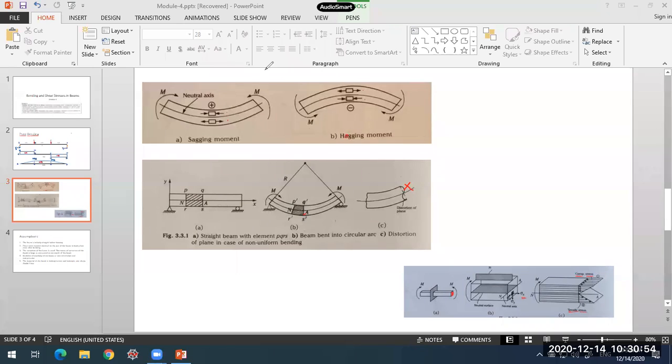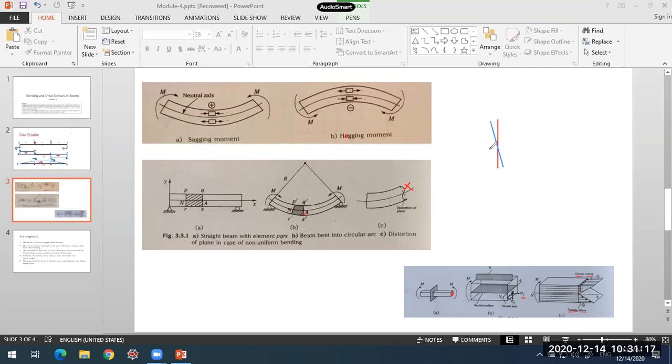So this is the plane before the application of the load. Once you apply the load, when the beam is bent, it may become like this. It may get rotated, but it will remain straight. It will not be distorted, or it will not be in the curved form. It will not take this form.